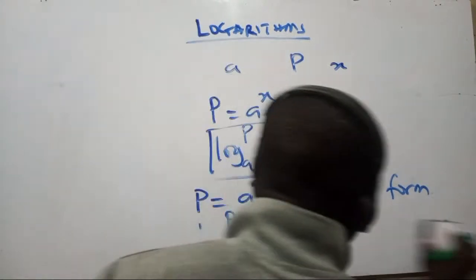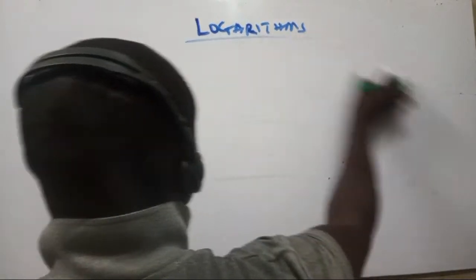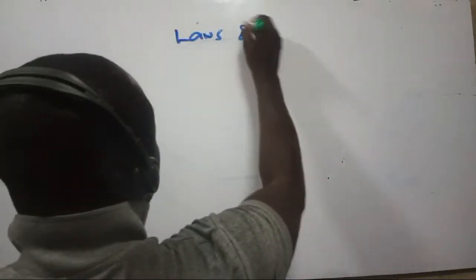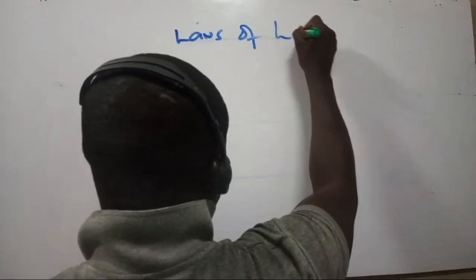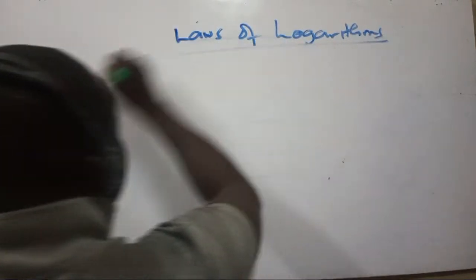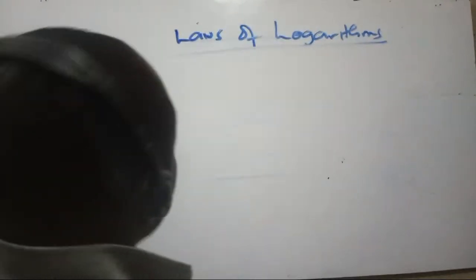So since we know what logarithm is all about and how to represent it in index form, I can go ahead and introduce the laws of logarithm. Just like under indices, we have the laws of indices.